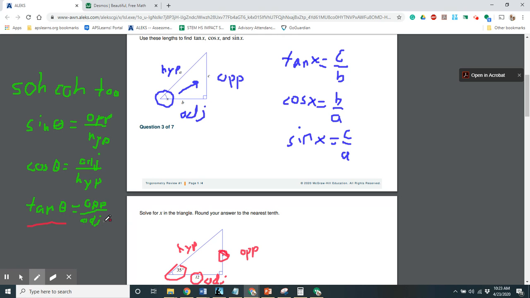So I would say tangent of 35 degrees, that's my angle, is equal to opposite over adjacent. So that would be x over 12.